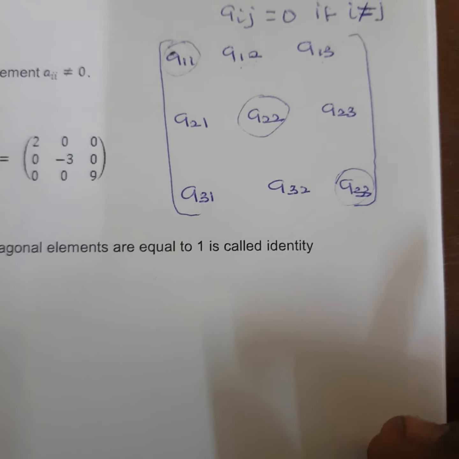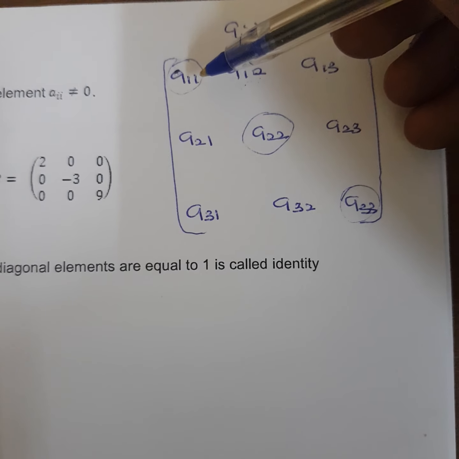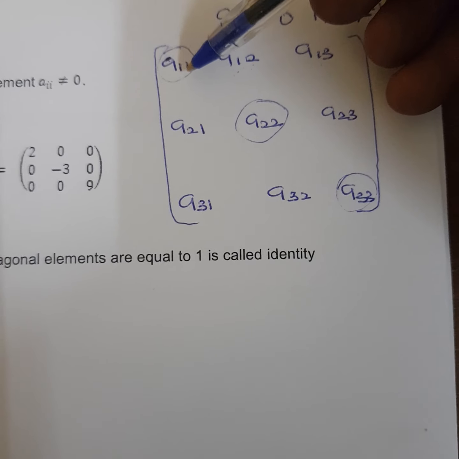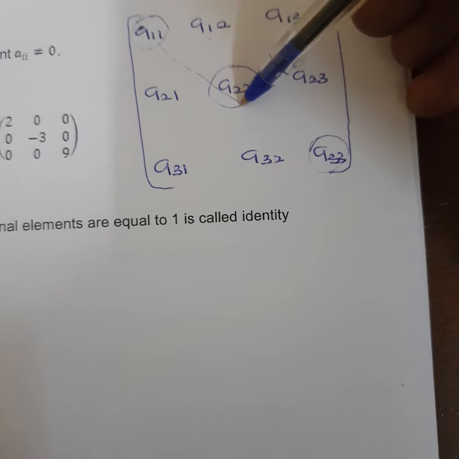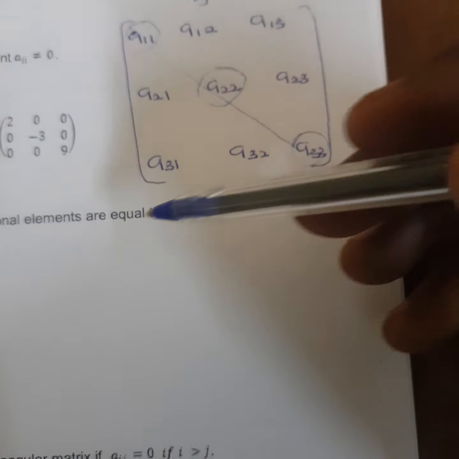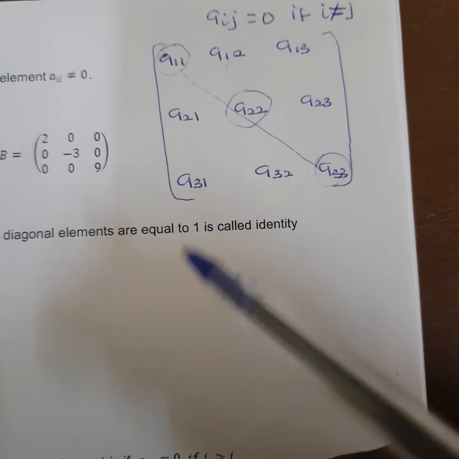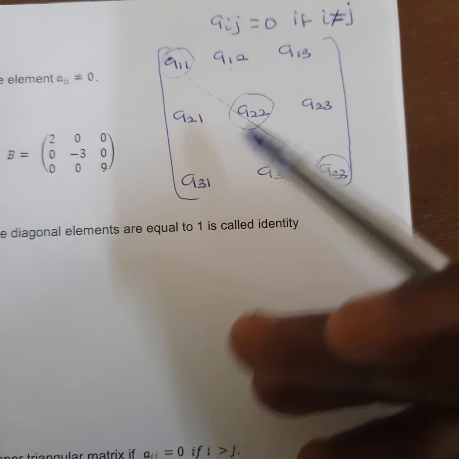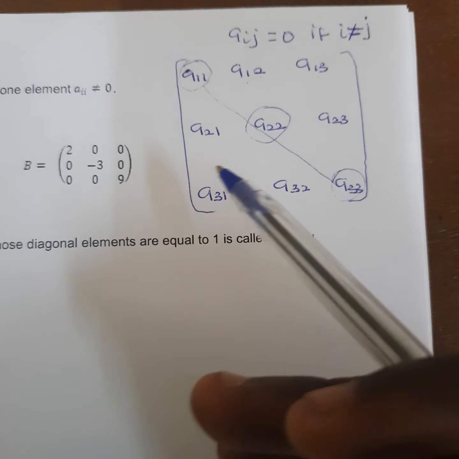Looking at it, you understand that the diagonal of every matrix has the i and the j equal. So from the definition, what they just want to say is that any matrix whose diagonal alone is not equal to 0 is what we call a diagonal matrix.